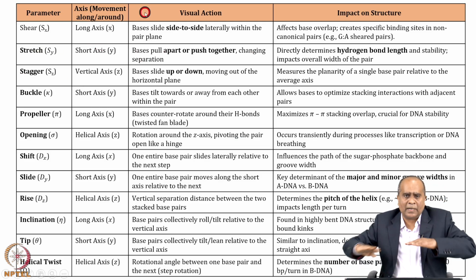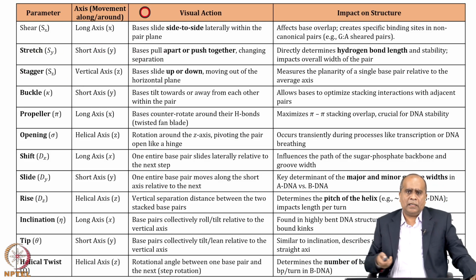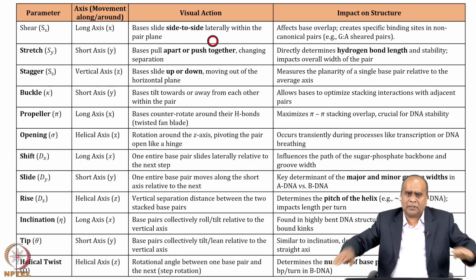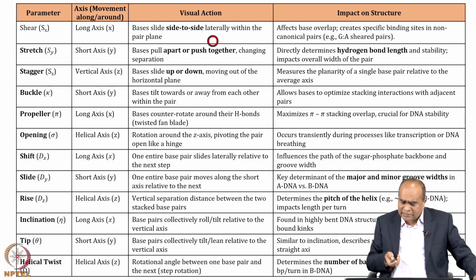This pulls apart or pushes together, and the changing separation gives stagger, buckle, propeller, opening, the tip or helical twist. All of these are base stacking parameters and they have an impact on structure. Stretch, which is along the short axis, pulls apart or pushes together, and it directly determines the hydrogen bond.